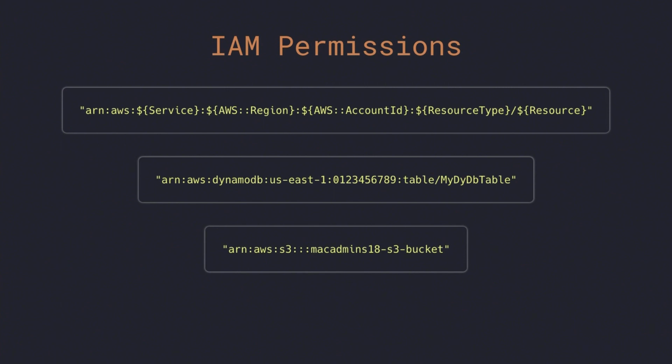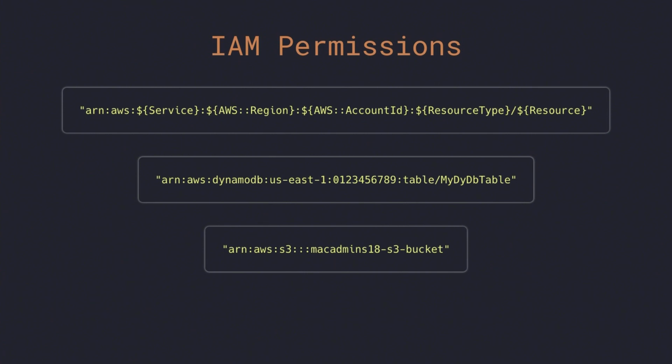So you'll see right there after S3, we actually don't have anything entered for a region, and we don't have anything entered for an account ID, because for an S3 bucket, those things don't apply. Once it's created, it doesn't matter the region or the account. It's a global resource. You can only ever have one of them, so those are intentionally left blank.